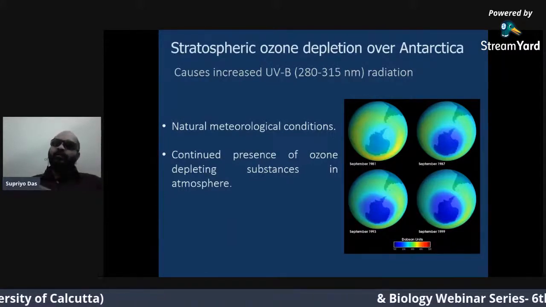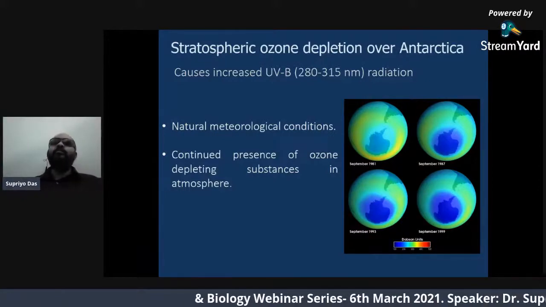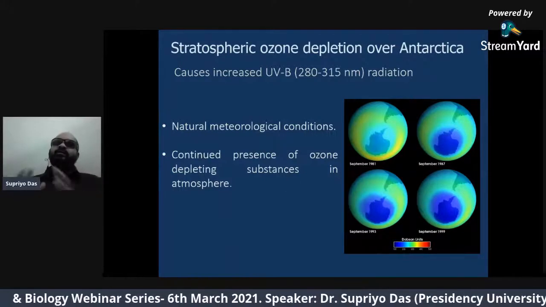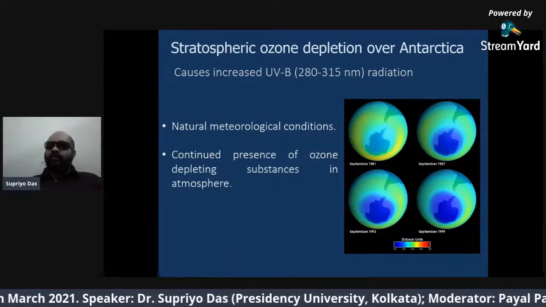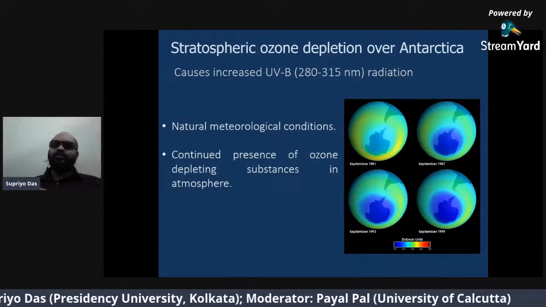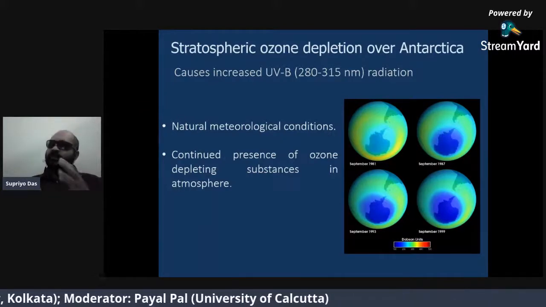How it happened is also well known, I hope. The reason for the Antarctic ozone hole is mostly natural. That's a meteorological reason. And of course, there is some human component by releasing ozone-destroying compounds in the atmosphere, but it is still there.